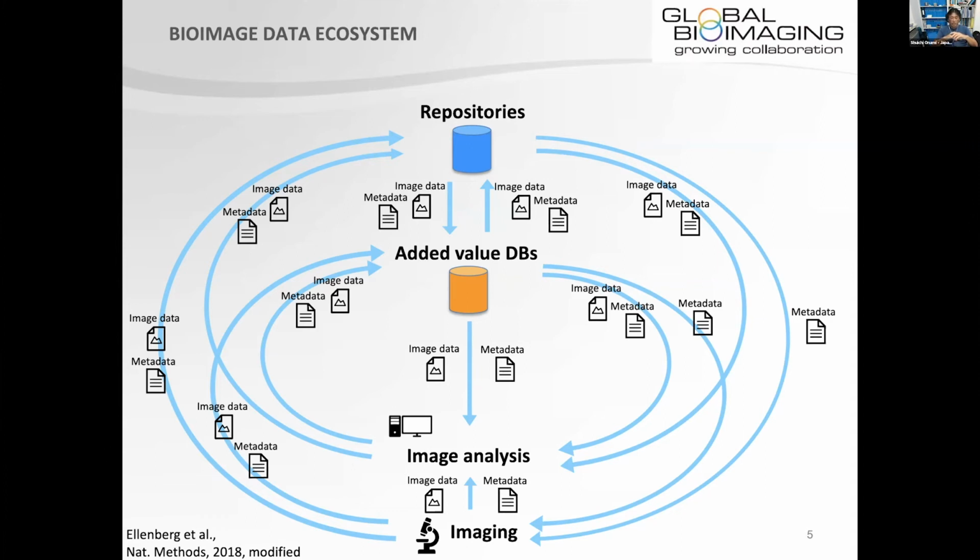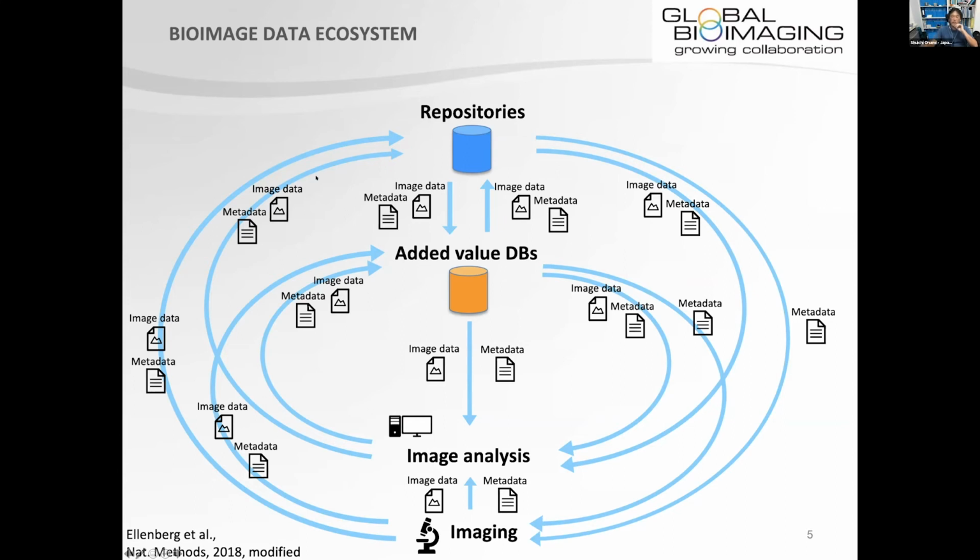Jan Ehrenberg et al. also defined two different repositories. The first one is a repository, and the second one is an added value database. Most of the data goes to the repository. Importantly, if you put image data into some database or repository to be available for others, you need to attach the metadata.